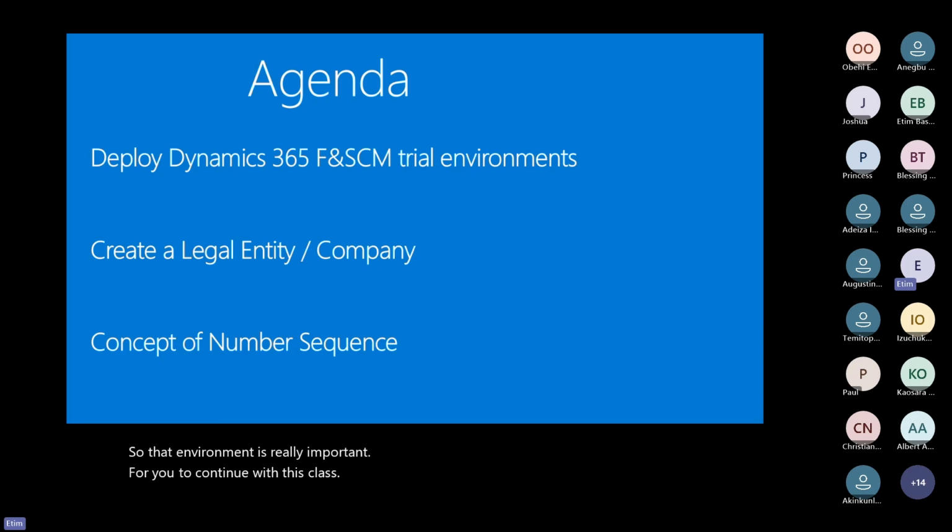And the next thing we've done is to look at how to create a legal entity. And then we've looked at the key fields that are required to be filled in when you're creating a legal entity and what those fields represent.